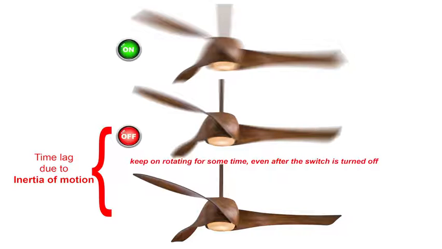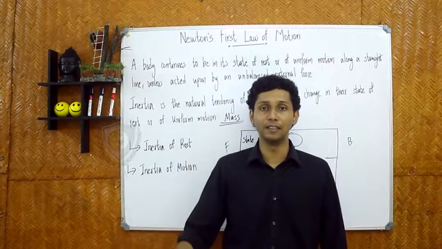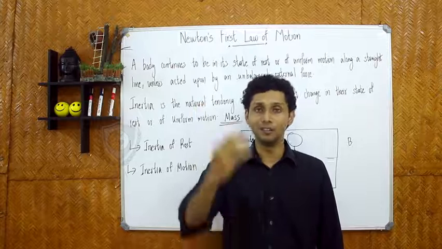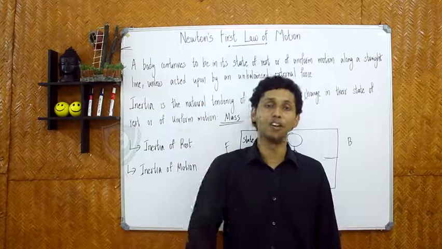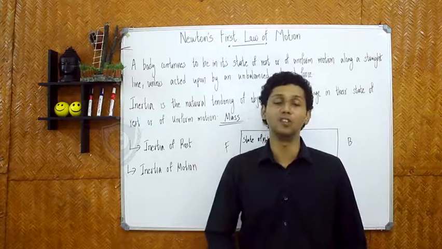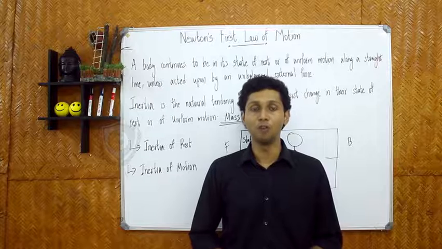So when the power is off, still due to the effect of inertia of motion, these leaves continue to rotate. As time passes, the frictional force and air resistance come into effect, and naturally it slows down and reaches the state of rest. So that is also an application of what? Inertia of motion.